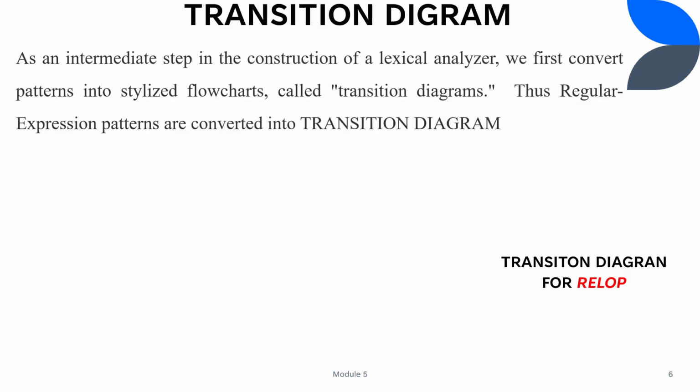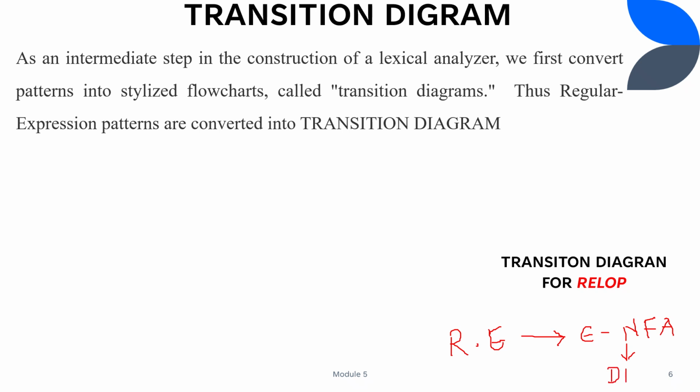Now, transition diagram. I just now said that the lexical analyzer is responsible for identifying lexemes based on some pattern. This we have already done in TCS, that is theoretical computer science: whenever any regular expression is written, it can always be converted into an epsilon NFA, and this epsilon NFA is converted into a DFA.